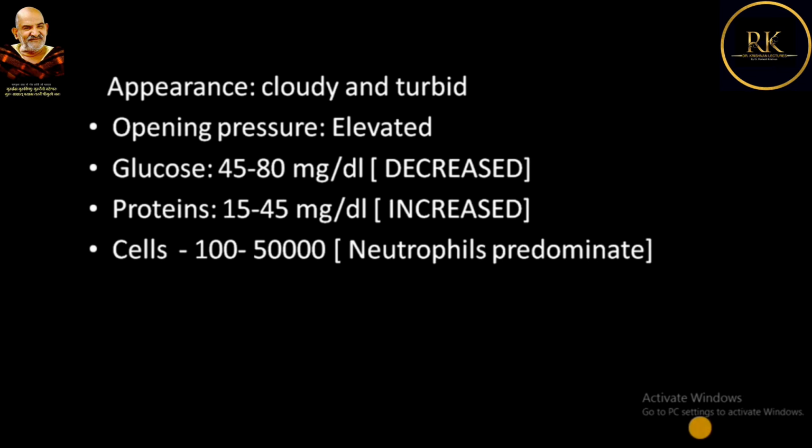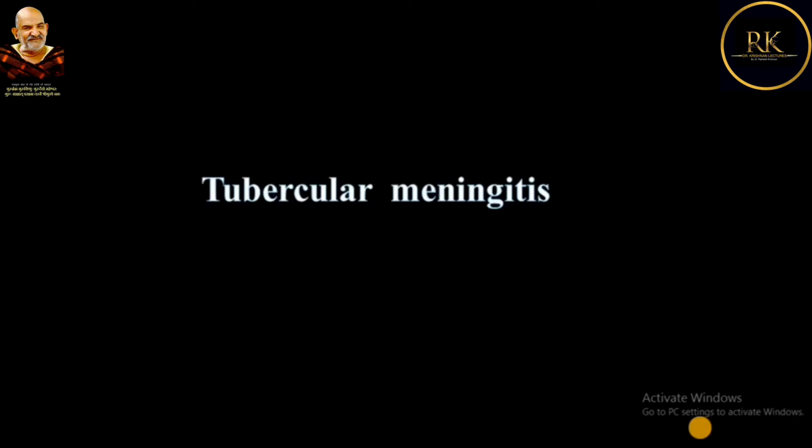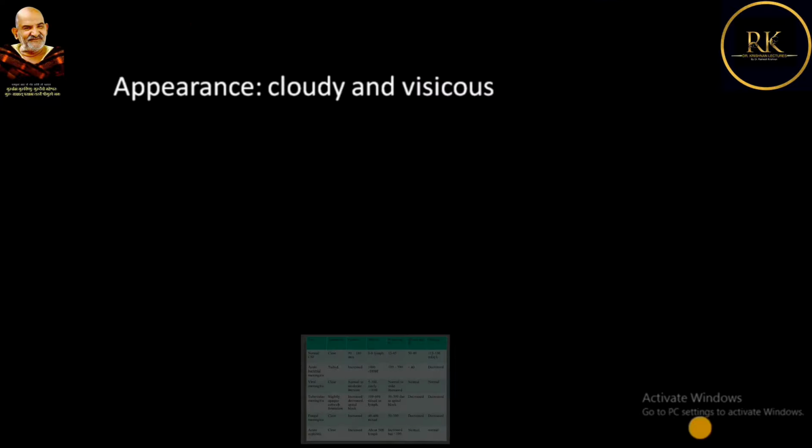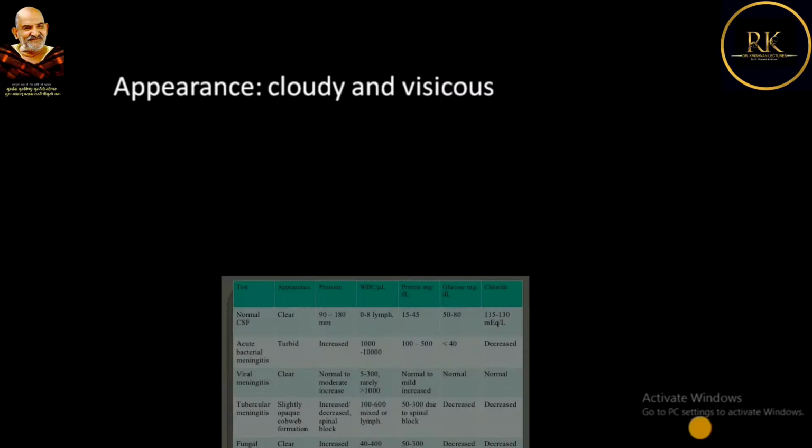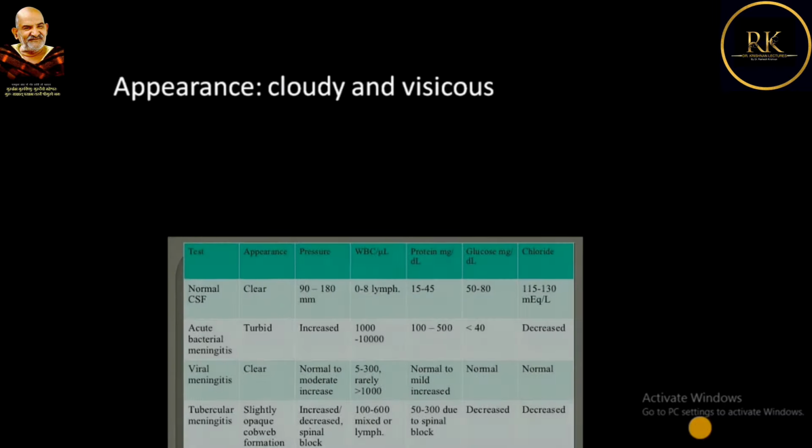Then the CSF picture in tubercular meningitis includes: appearance is cloudy and viscous. Opening pressure is high in comparison to normal opening pressure of CSF.